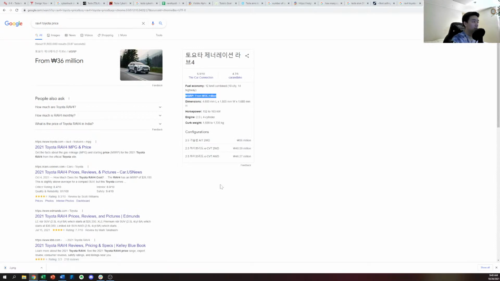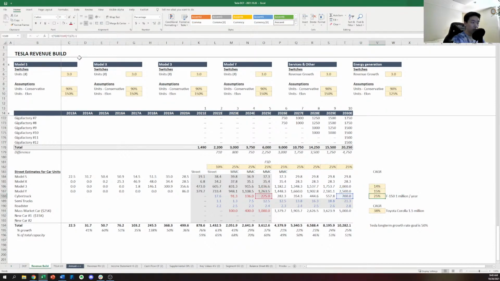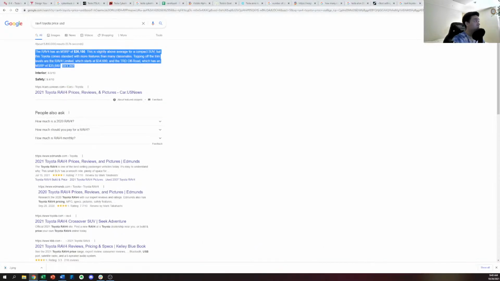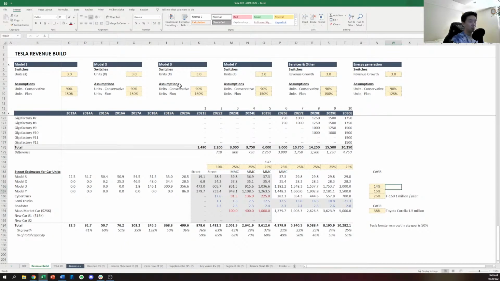Okay, I think that's around 26K. So the most popular SUV, the RAV4, is around 400K per year, 430K.